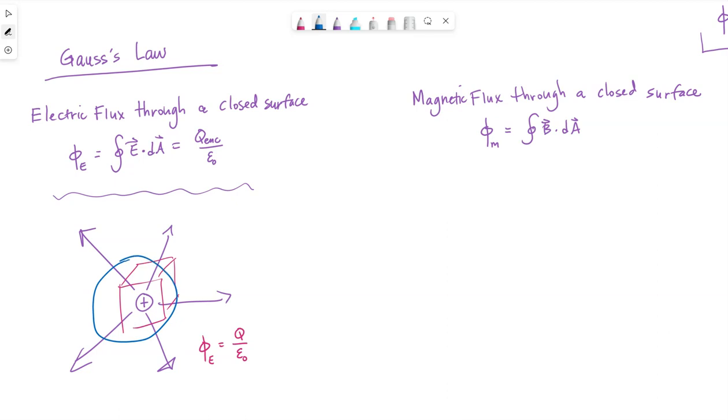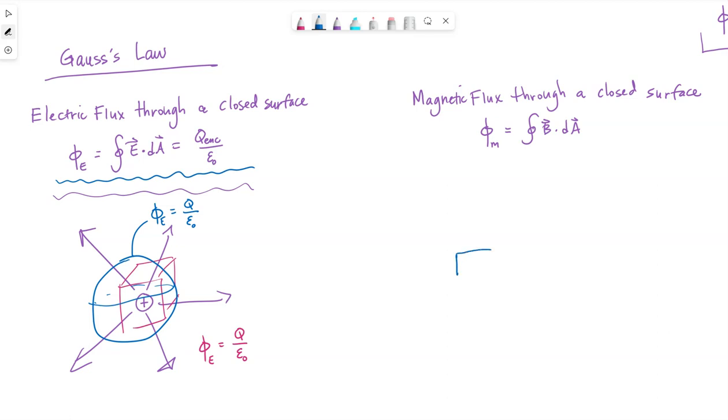If I chose a sphere, so that it was a closed surface, the flux through this was that charge divided by epsilon naught. The shape of the closed surface didn't matter. If I have a positive net charge inside the surface, I will have more electric field lines pointing out than pointing in. And that's why flux simplified so nicely to be the charge enclosed over epsilon naught for electric flux.